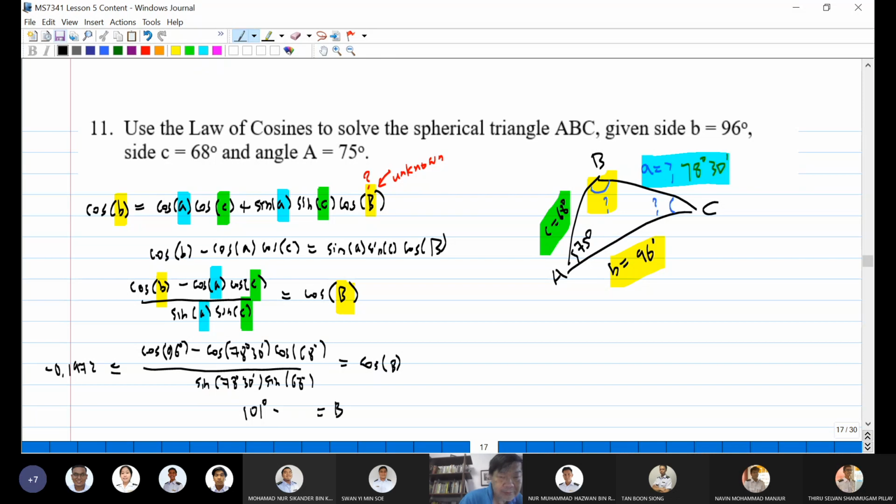So angle B, we settle already: 101 degrees 23 minutes here.